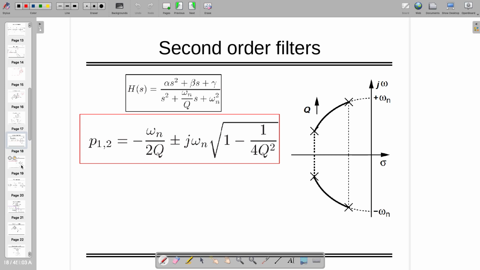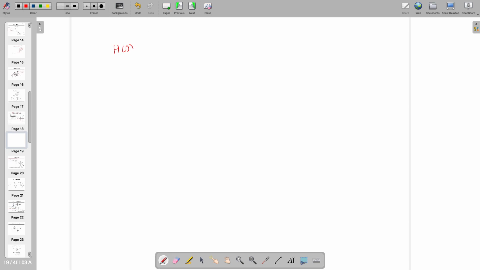Now forget about other things which we have studied. Now go to the second order filters whose transfer function looks like this one. If you are studying control, Q might be replaced with 1 by 2 zeta, by the way.